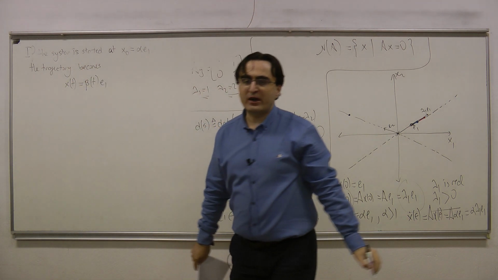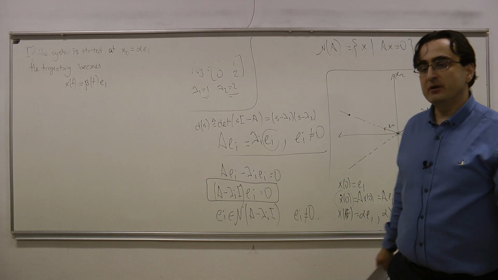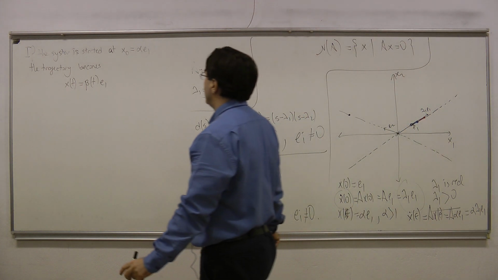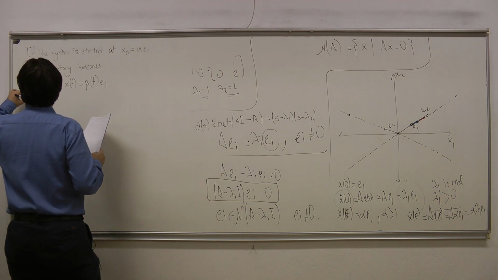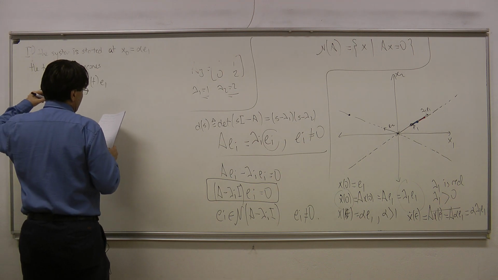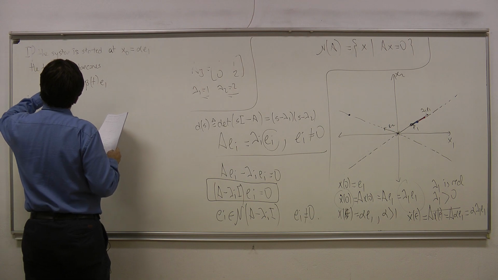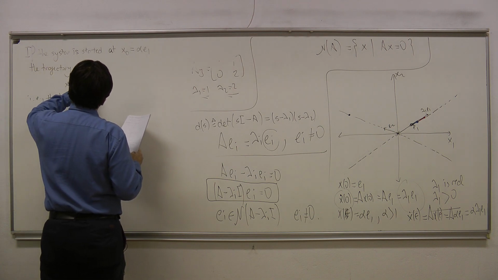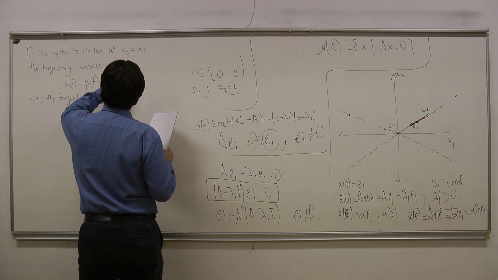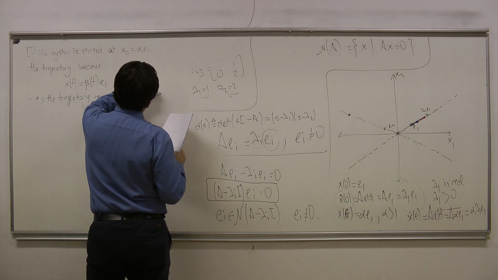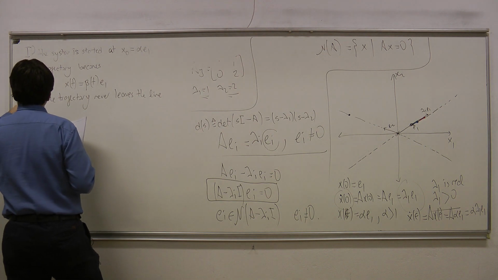The same eigenvector times a time-varying function. All right? In other words, the trajectory never leaves the line corresponding to the eigenvector.